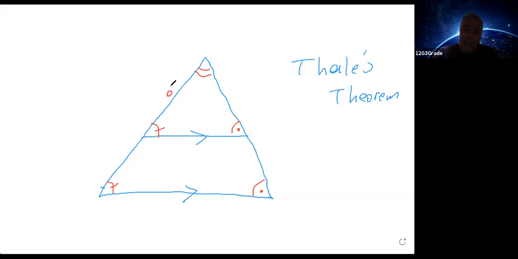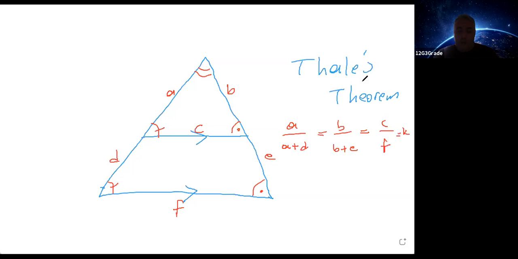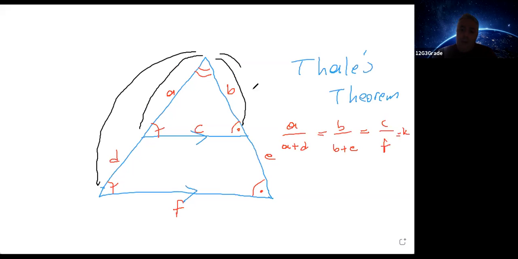If I call these A, B, C, and these D, E, F, the rule is A over A plus D, B over B plus E, C over C plus F, which is K. To show this, A over D equals B over E equals C over F. That's it. This is the thing you should memorize, and it's not difficult.